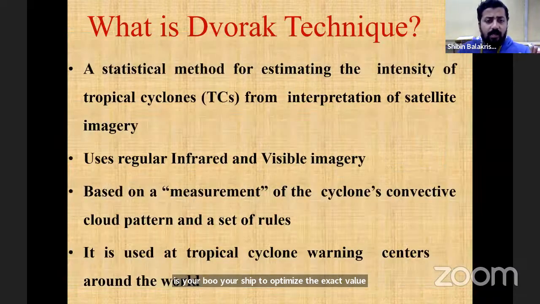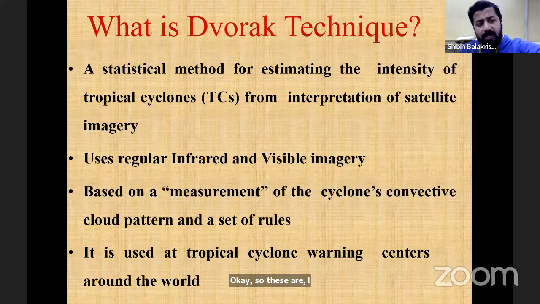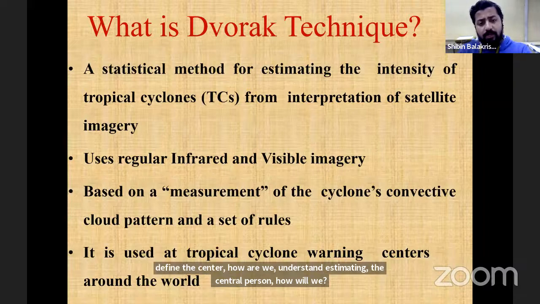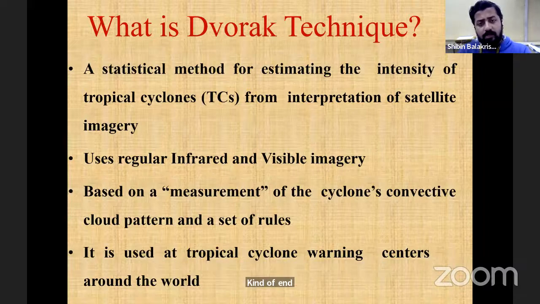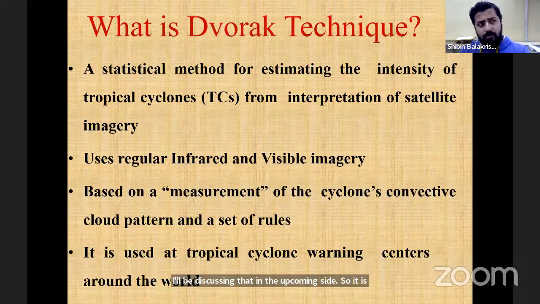So I just broadly gave you an idea about how we identify the center, how we estimate the central pressure, and how we come up with a particular value for the tropical cyclone intensity. What is the Dvorak technique? I'll be discussing that in the upcoming slides. It is a statistical method which is used for tropical cyclone identification from satellite imagery.